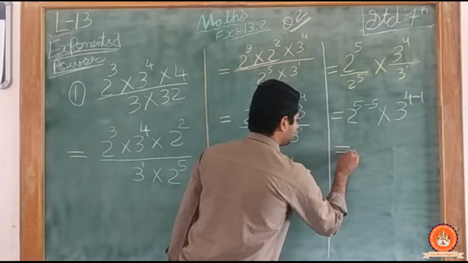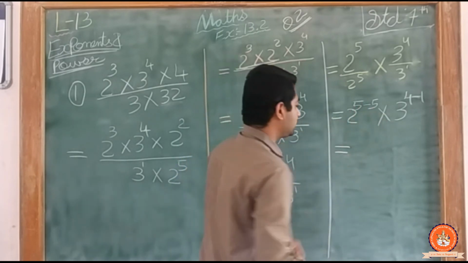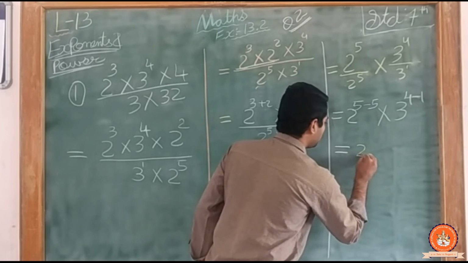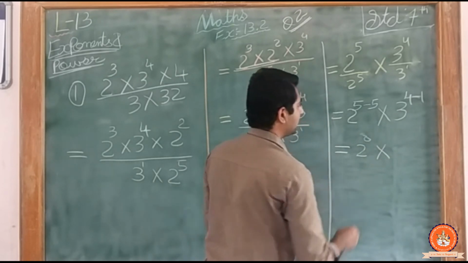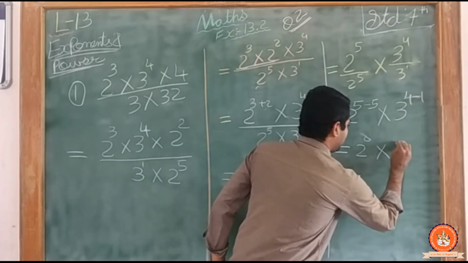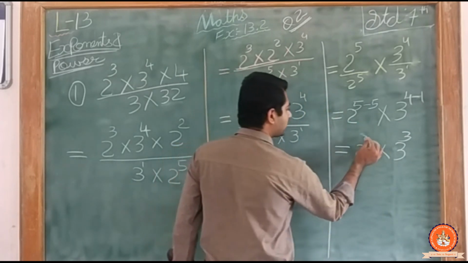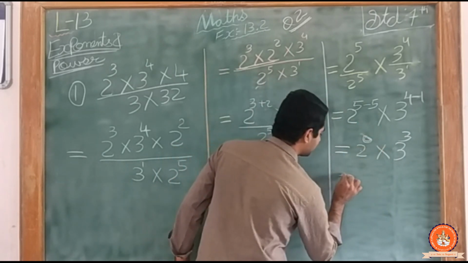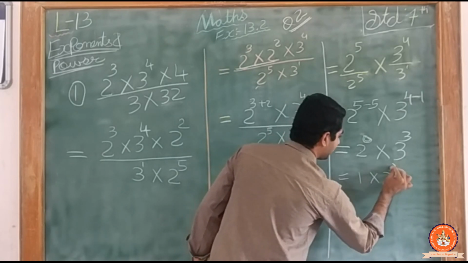Equal to 2 raised to 5 minus 5, that means 0. So 2 raised to 0 multiplied by 3 raised to 4 minus 1, that means 3 raised to 3.